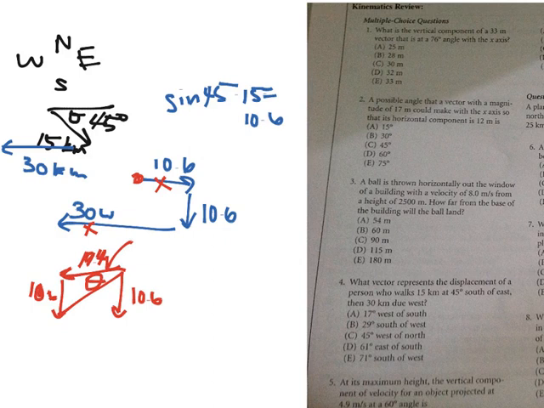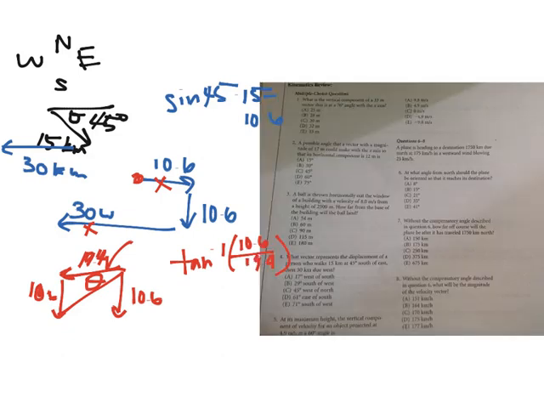So we can use tangent, or inverse tangent as it were, to give us the opposite over the adjacent, which would give us 28.7, or roughly 29 south of west.